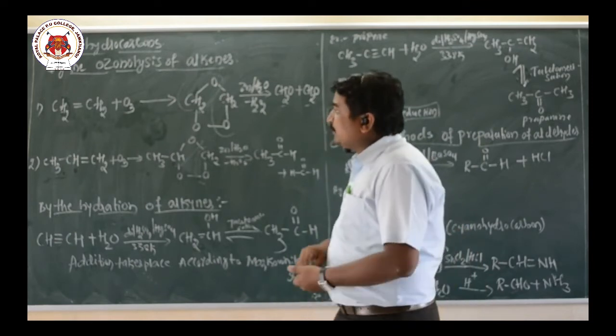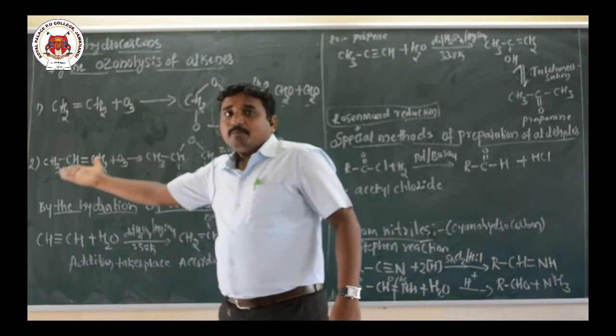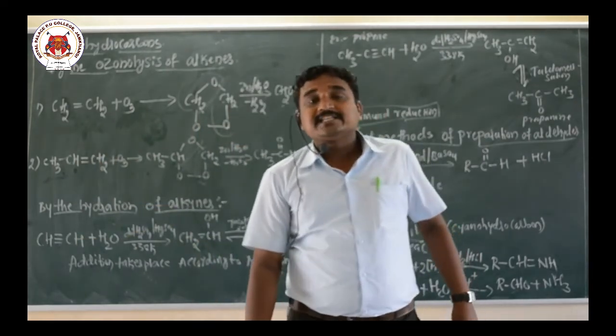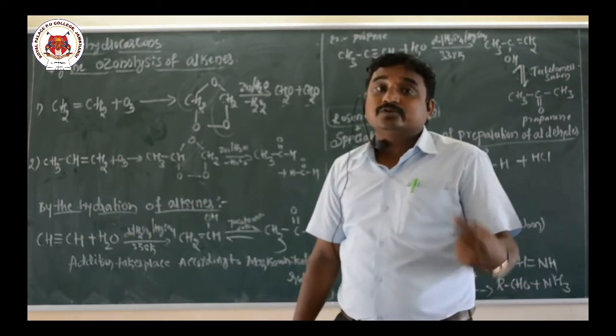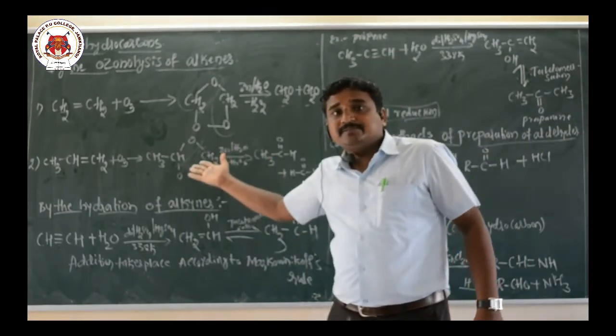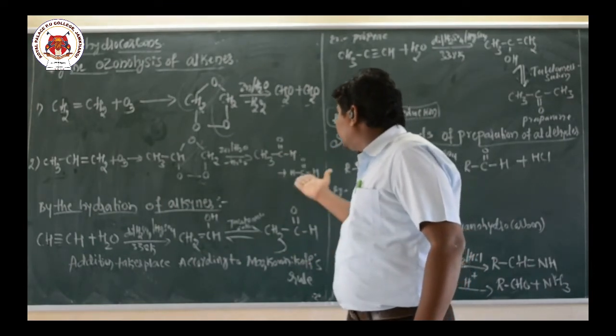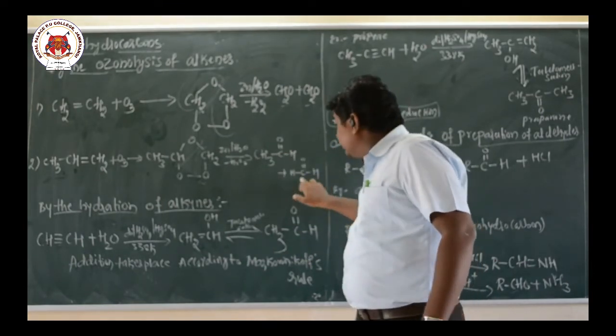Now if you take another example, propene. When propene reacts with ozone, there is a formation of cyclic propylene ozonide, which undergoes hydrolysis in presence of zinc catalyst. There is a formation of a mixture of ethanal and methanal, formaldehyde.